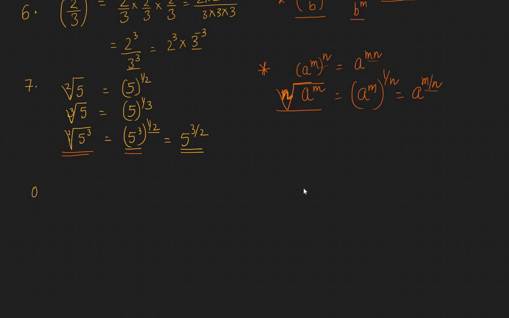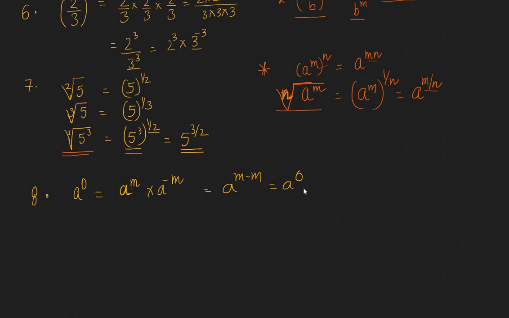Now finally, let's take one more example. A power 0 is a power m into a power minus m. Why? Because this will amount to a power m minus m, that's a power 0.